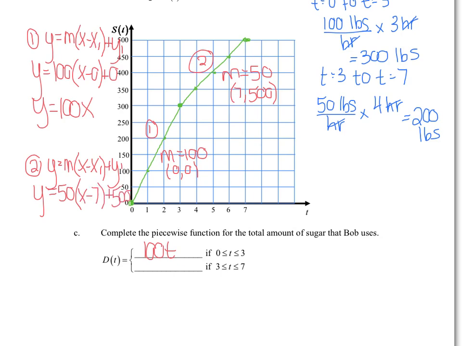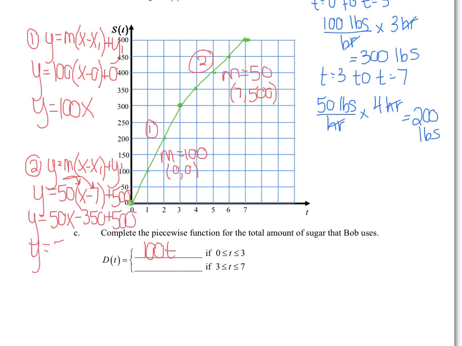Now, this is an acceptable answer to leave here, as well as using the point 300. However, as I mentioned last time, I like to simplify it. So 50 times x is 50x. 50 times negative 7 is negative 350 plus 500.